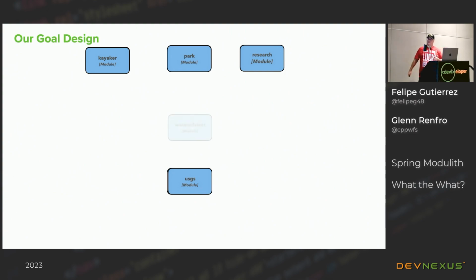We're also going to introduce a new module, called, can't even see my own screen, Water Advisor. Its goal is to wake up every 15 seconds, retrieve data from the USGS module, and then emit messages to the other modules, so that they can get these messages and take action as they see fit.